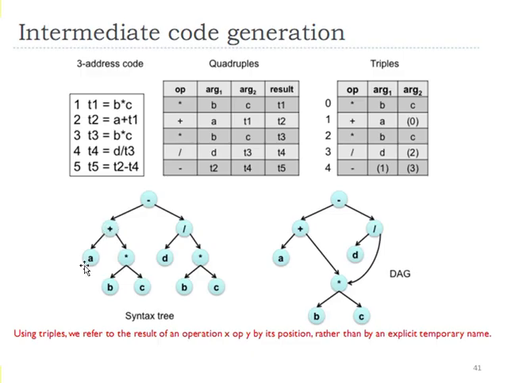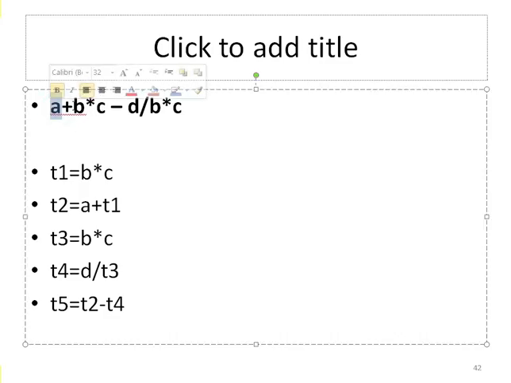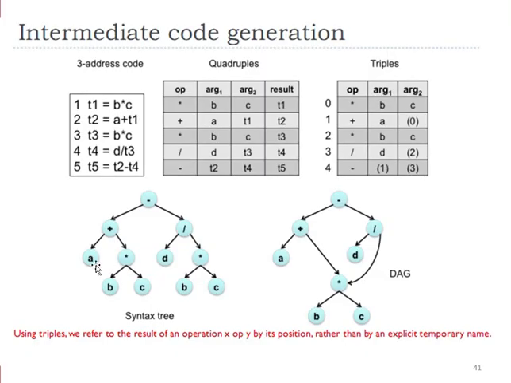To the left and right of the plus operator, we have the variable a and the two variables to which the multiplication operator is applied. So now we can create a at the left of the plus, and on the right we have the multiplication, and for the multiplication the children are B and C.